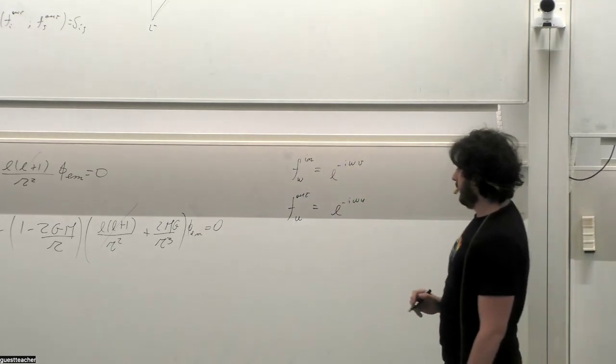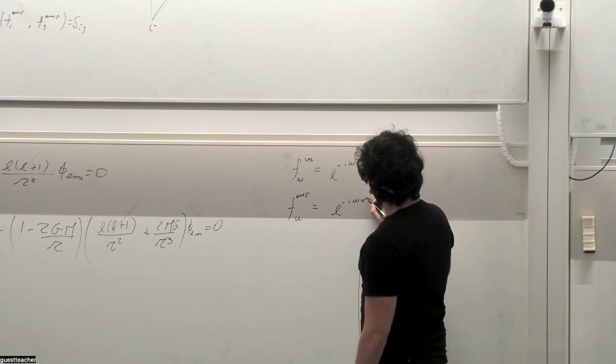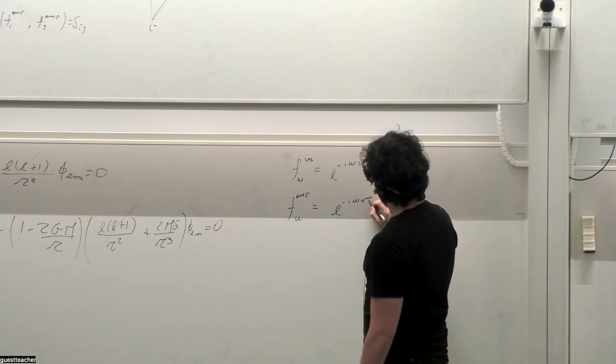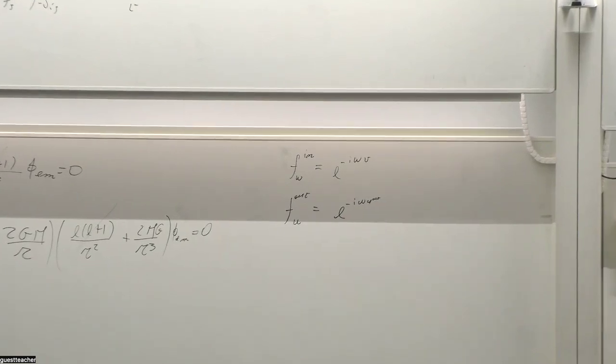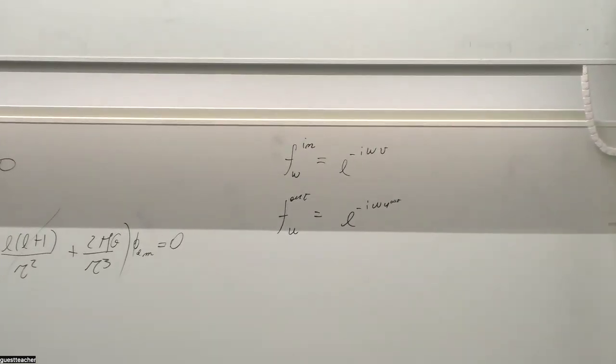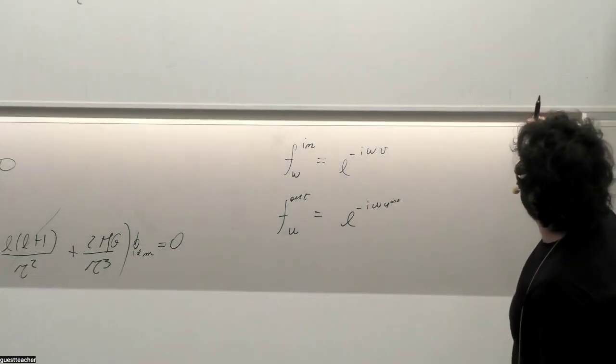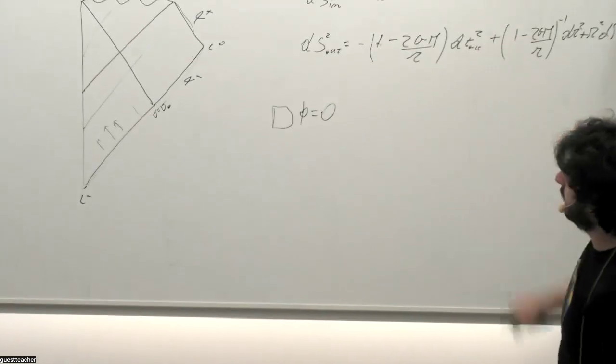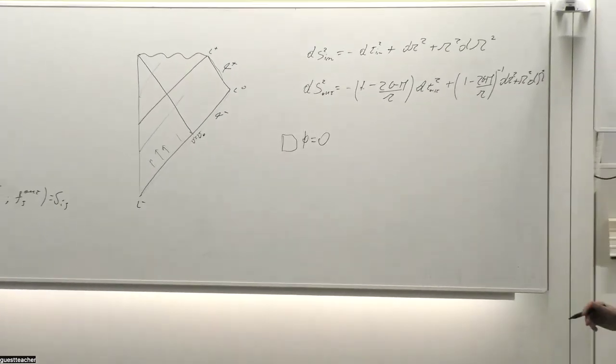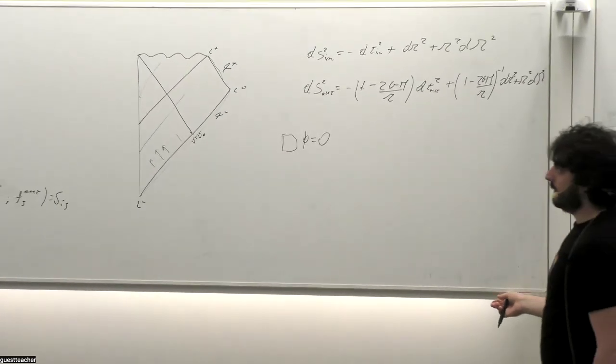And now I need to add a label out. Why? Because I choose v, the coordinate of Scri minus, but t is discontinuous, so also u is going to be discontinuous. I've written here the geometry and the t and r coordinates, but I'm going to work extensively in the uv coordinates.